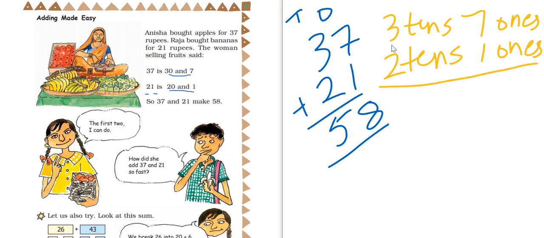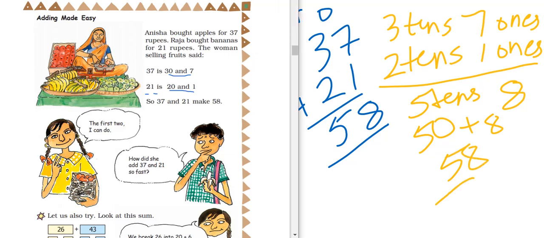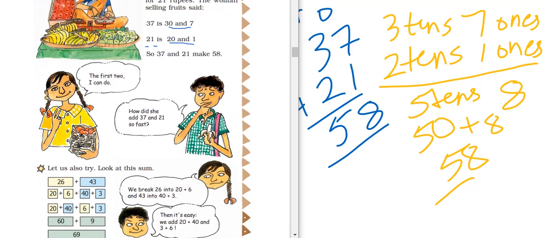So let's add up all the ones. 7 ones and 1 one is a total of 8 ones. And 3 tens and 2 tens is 3 plus 2, 5 tens. So that is 5 tens. 5 tens is nothing but 50. And 8 is 58. So there we are. 37 plus 21 is 58.